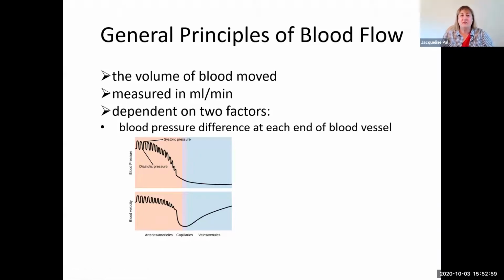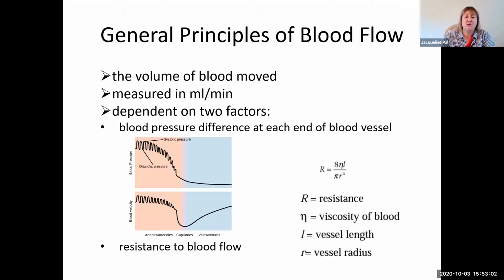The second factor which affects blood flow has to do with resistance to blood flow. And there's this very complicated equation here, which you don't need to memorize, okay? There are other equations you do need to know, this is not one of them, but you do need to understand what's going into this and whether the factors are proportional or inversely proportional.